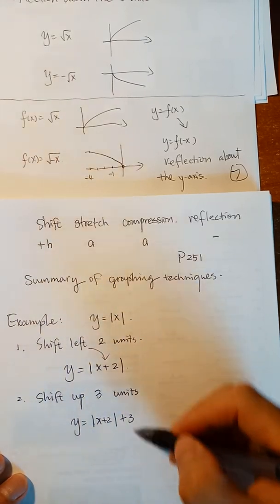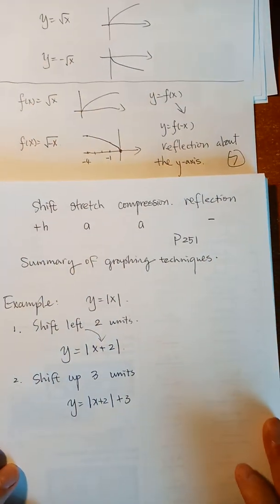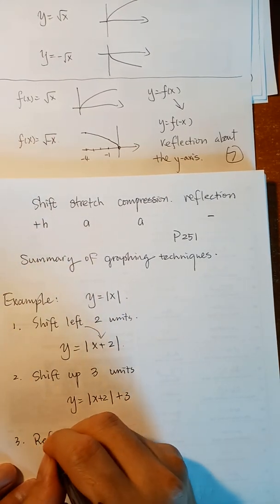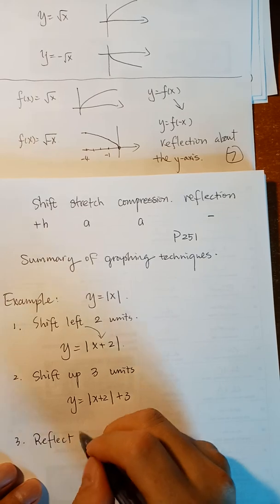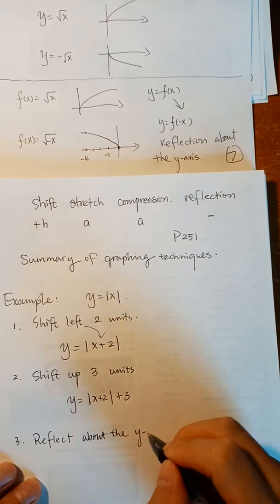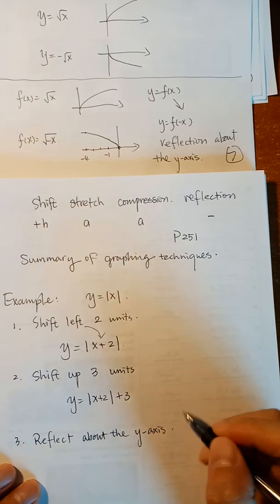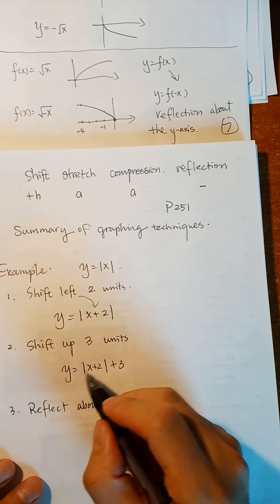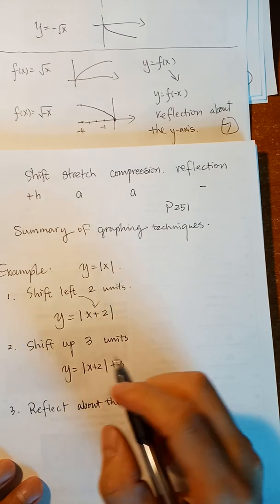Shift up and down, add at the tail. And 3, reflect about the y-axis. Reflect about the y-axis, you directly change the x to negative x.